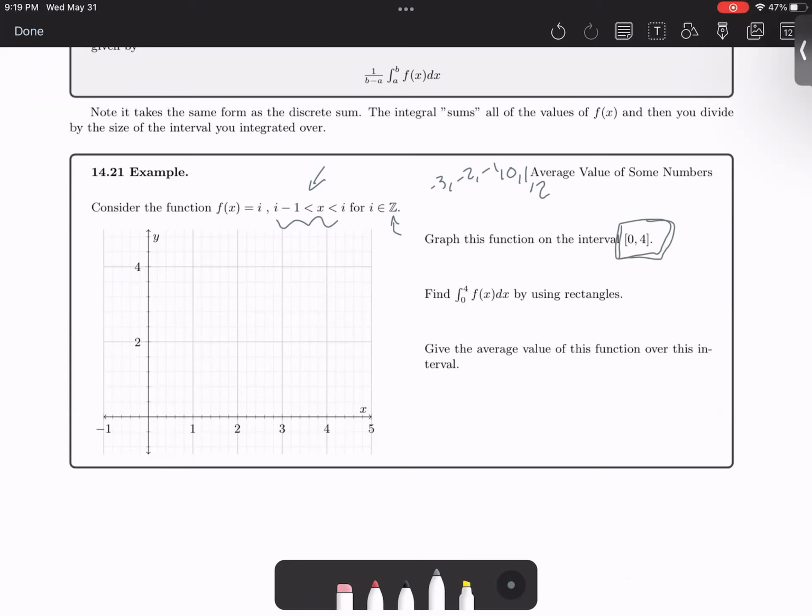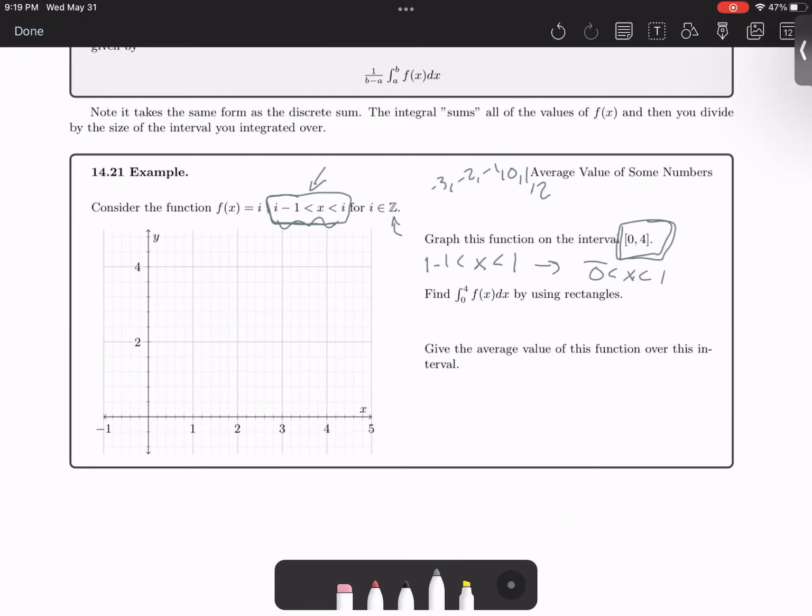So let's see. For i in the integers, well, i could be 1. So I'm looking at this right here. Where does x live? If i is equal to 1, then 1 minus 1 is less than x is less than 1, which gives 0 is less than x is less than 1. Oh, okay, well, that's not that complicated.